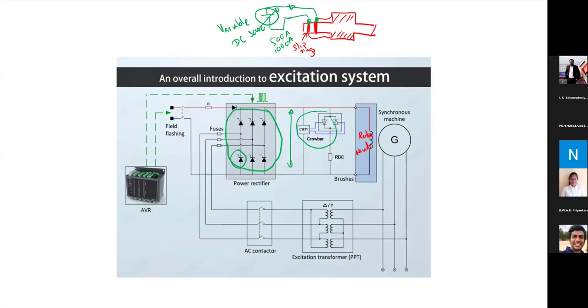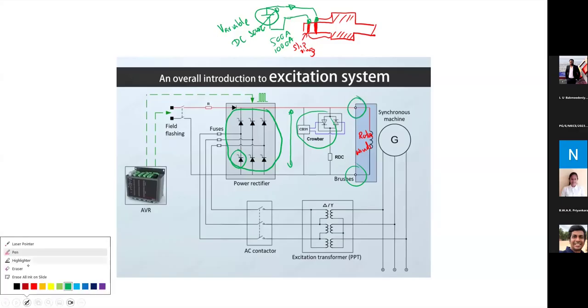The power is provided via the brushes to our rotor winding. There are other developments, and most of the current synchronous generators are using brushless excitation systems that have a rotating rectifier mounted on the shaft itself, which is powered by a pilot generator connected onto the rotating shaft. You can read on them, because this particular excitation system has a main maintenance limitation, because we use the brushes and the slip ring arrangement.